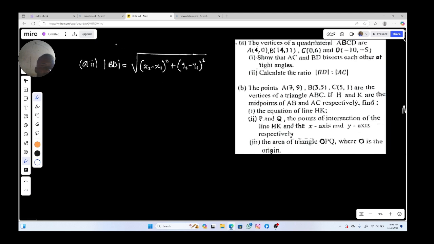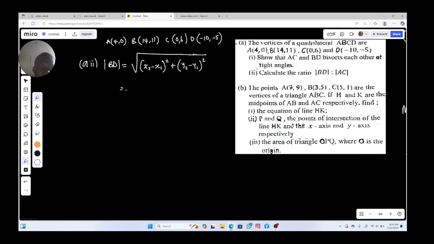A is 4,0, B is 14,11, C is 0,6, and then D is -10,-5. All right, so let's pick our values from here.